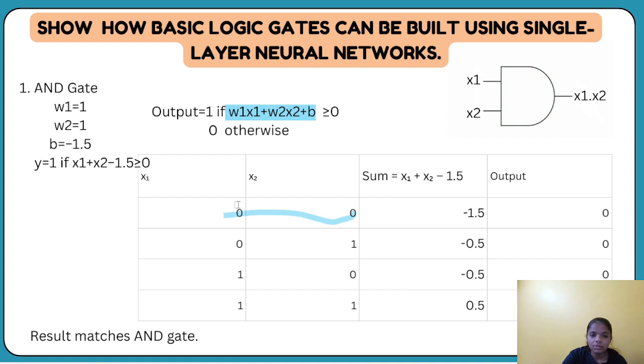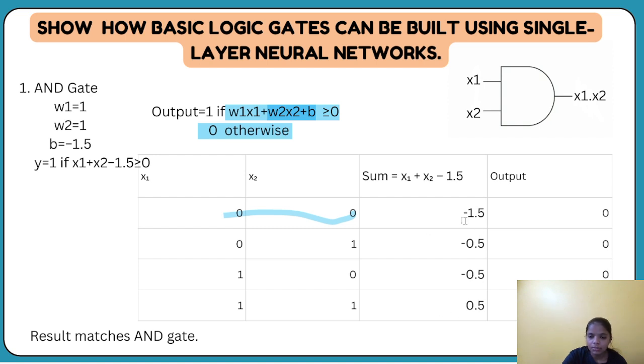When we substitute these values with the help of our weight and the bias factor into this equation, we get our sum as minus 1.5, minus 0.5, minus 0.5 and 0.5.